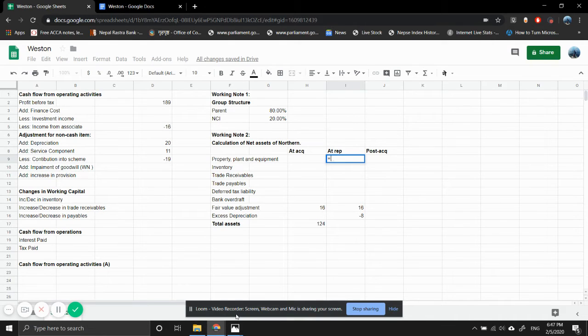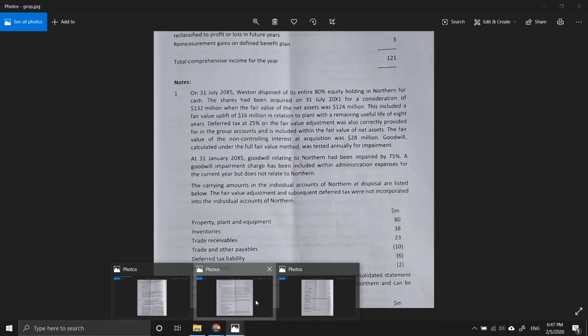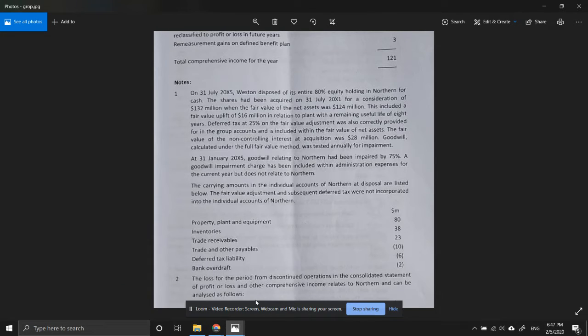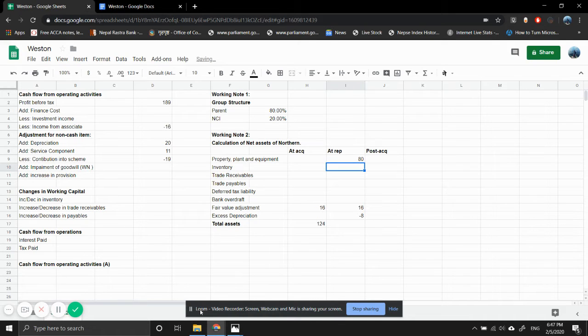So what we are given is that at our reporting date PPE will be 80, right? Yep, 80. So this has not been adjusted for fair value.